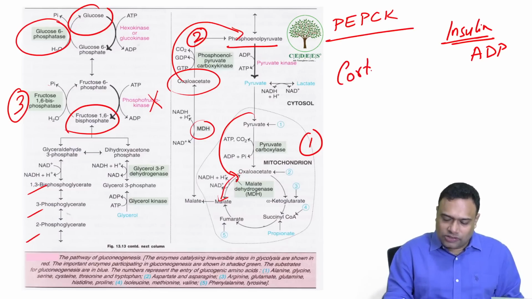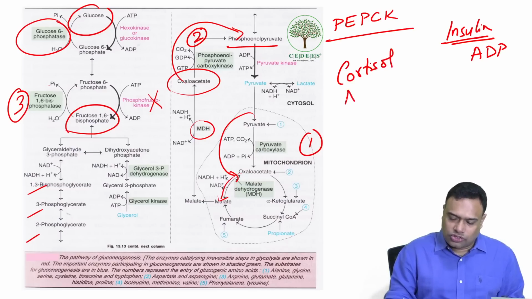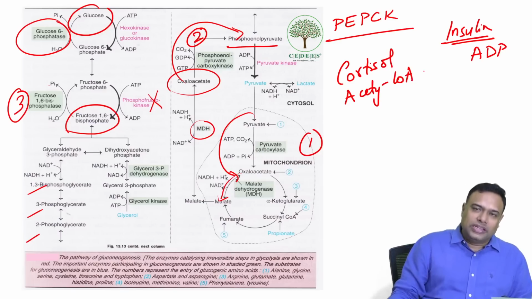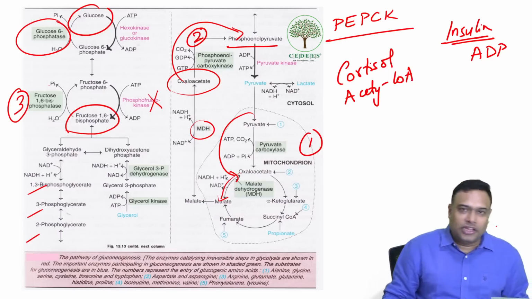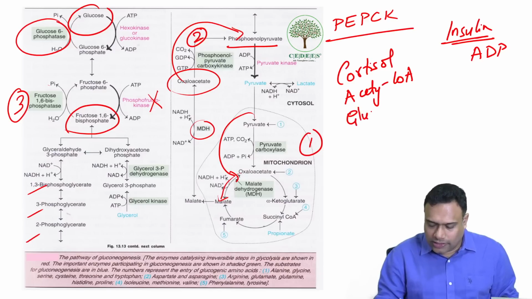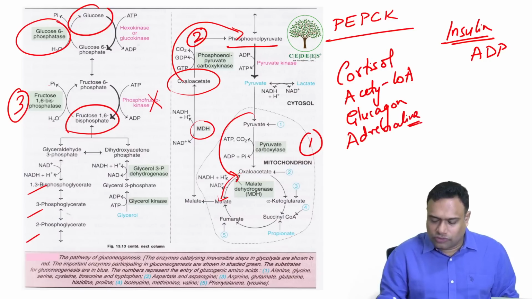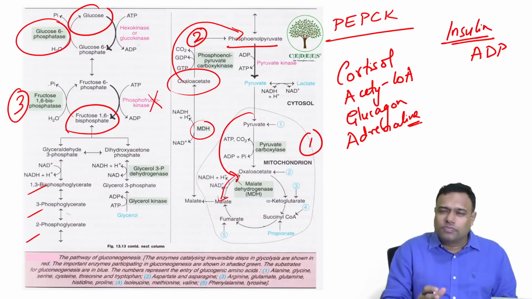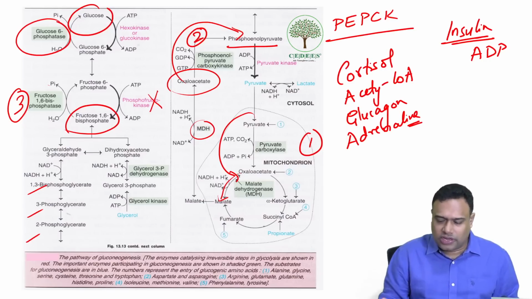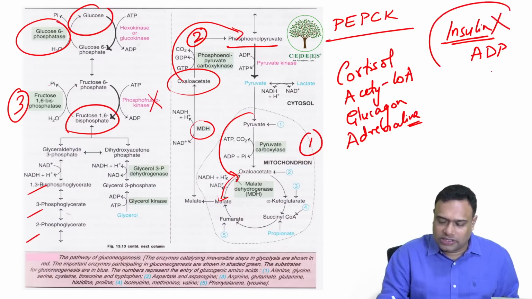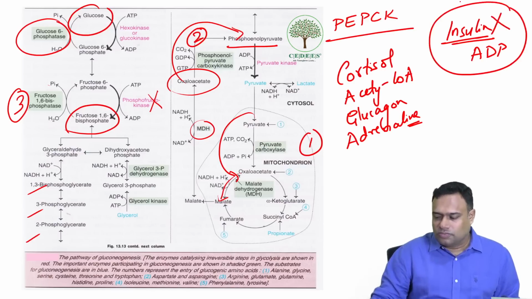The activators are cortisol, then acetyl-CoA, then adrenaline, and then glucagon. All of these are activators of gluconeogenesis. Most importantly, pyruvate carboxylase, okay? Whereas the inhibitor is insulin. So please understand this well.